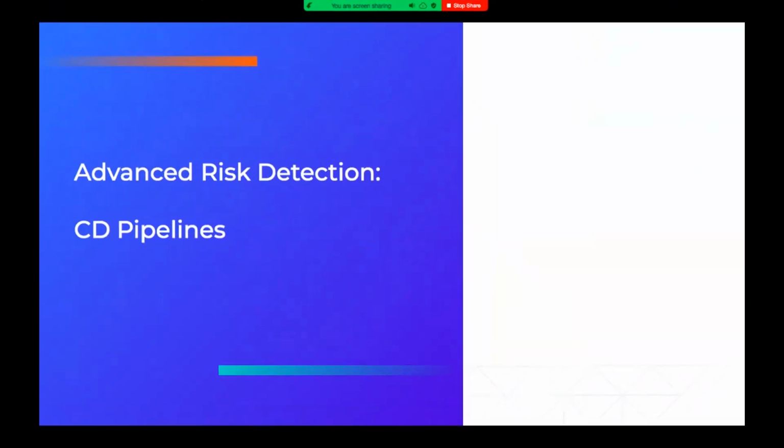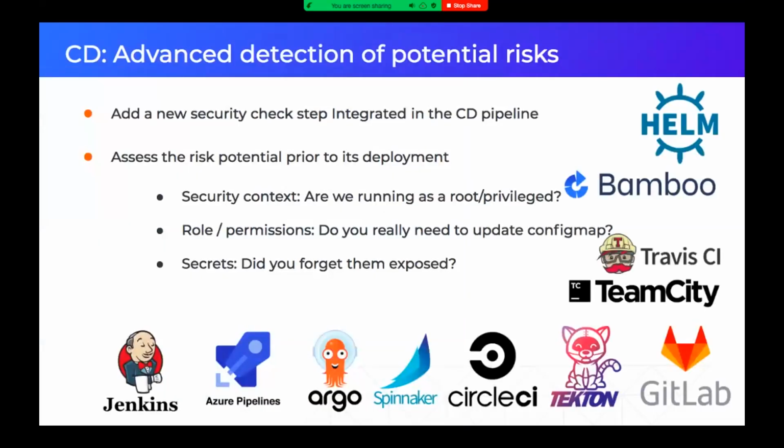I want to move one step forward in the journey of keeping our cluster secure. I think the next stage after we pass the CI is let's go to the CD, right? In the CD, when people are preparing for deployment, creating the Helm charts or the kubeconfig files or anything which prepares the deployment, we think it's critical to do advanced detection of potential risks.